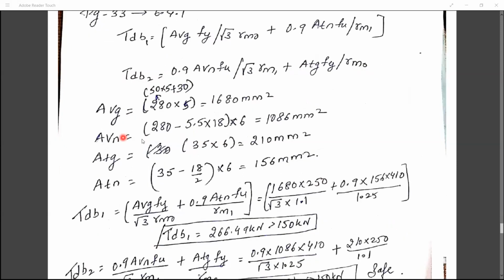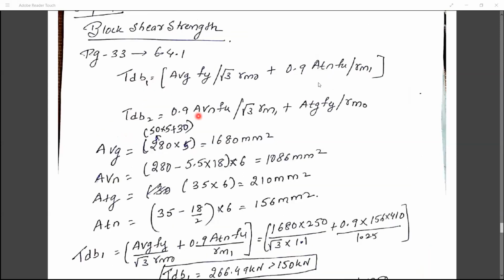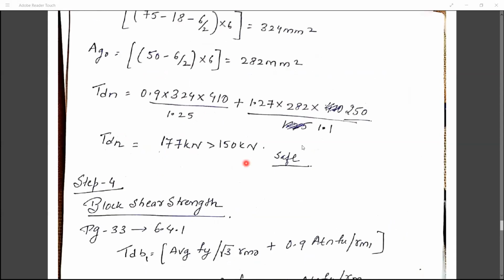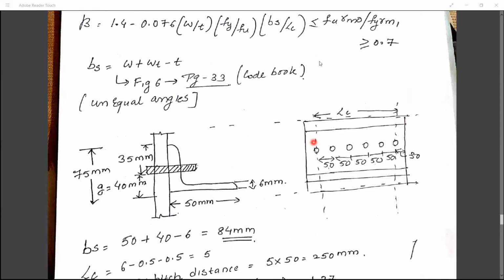Now to calculate AVN, there is one more unknown. It is 280, which we already know how we got, minus 5.5. How did we take 5.5? From this critical section to this section, there were 6 bolts, but we have taken this half bolt as the critical point, so half is left over here.